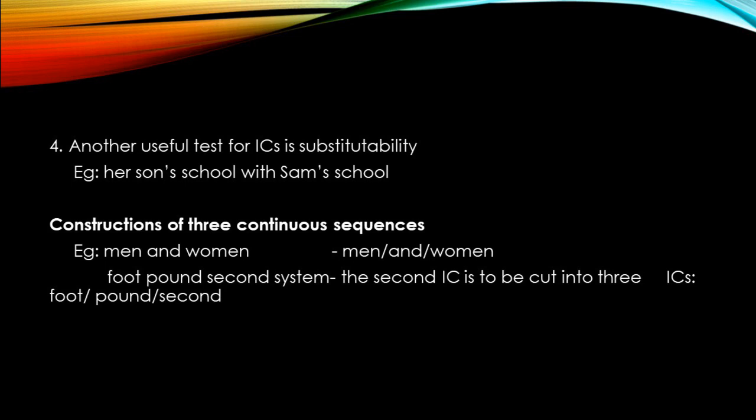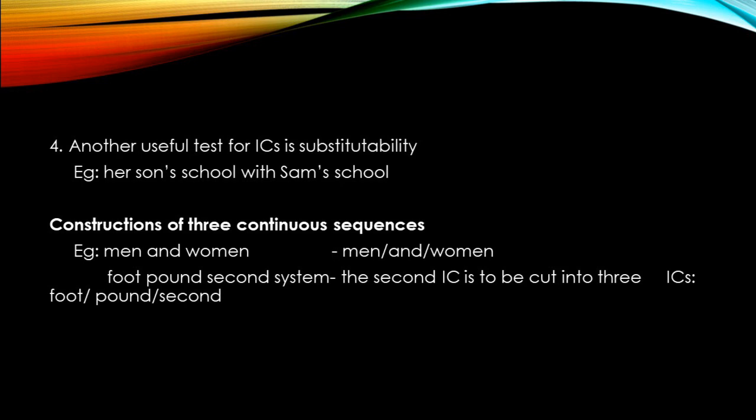Now, talking about constructions of three continuous sequences, for example, men and women. Now, usually we have binary cuts. We have already discussed that. We usually have binary cuts for IC analysis, but there are certain constructions where you cannot have binary cuts, and you will have three continuous sequences like men and women. You cannot have a binary cut there, so it will be three continuous sequences: men / and / women.